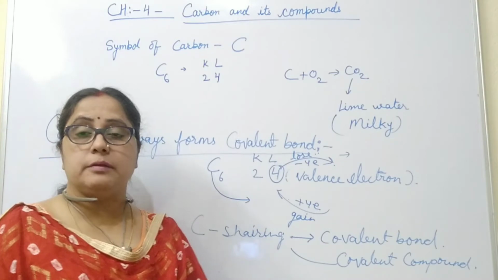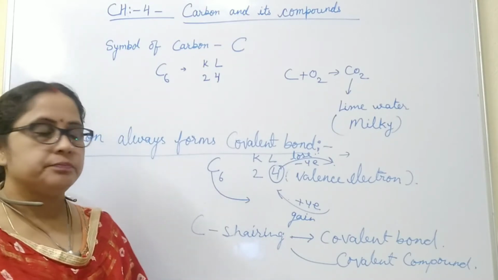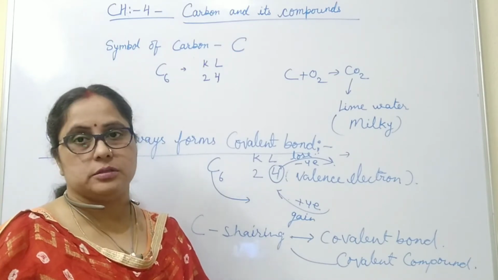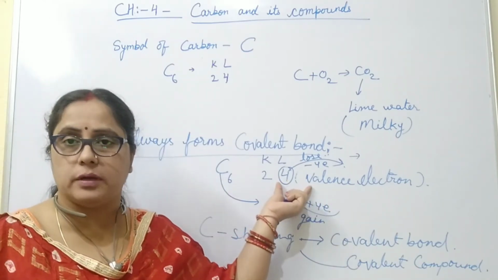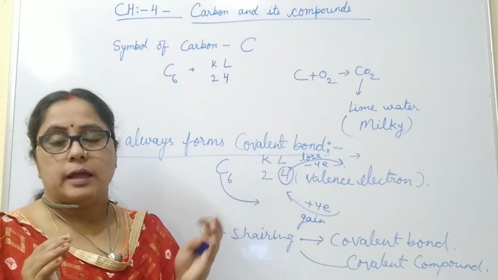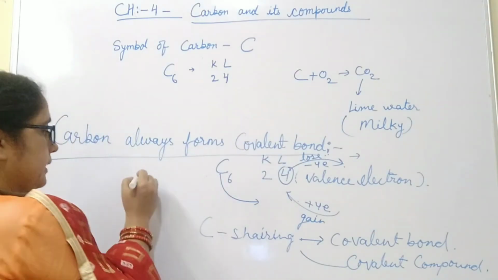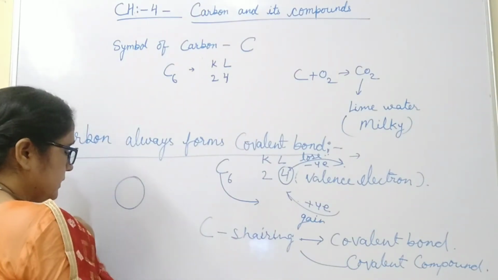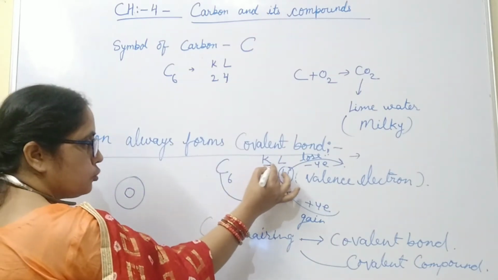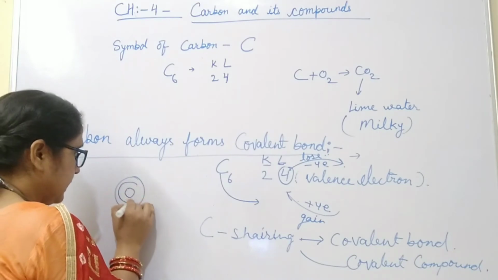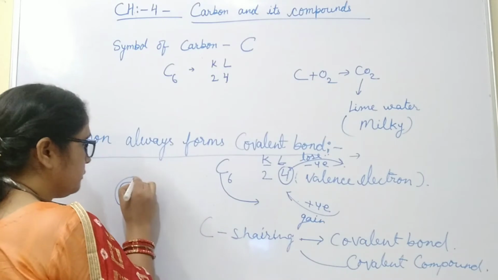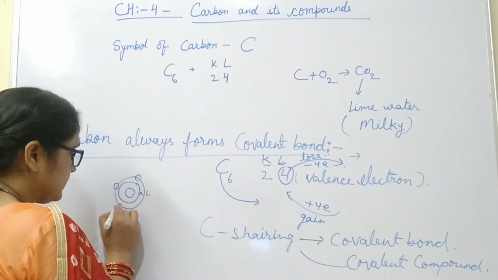So, is it possible for carbon to lose or gain electrons? It is not possible to lose 4 electrons or gain 4 electrons. First, it is not possible to lose 4 electrons because carbon is very small. This is carbon and this is the nucleus of carbon. It contains 2 shells, one is the K shell and one is the L shell, and the outermost 4 electrons are present in the L shell.